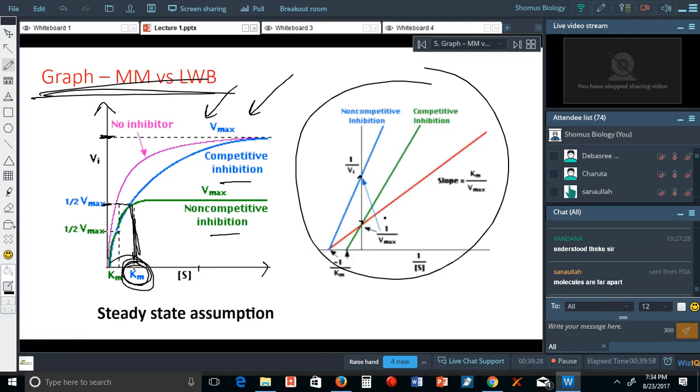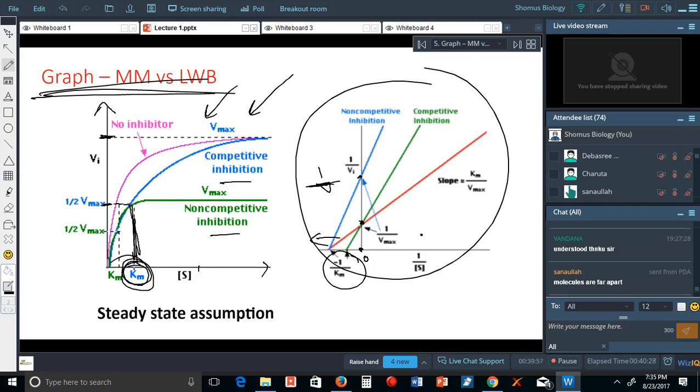For example, in this Lineweaver-Burk plot, the portion where it intersects the y-axis is 1 by Vmax, the inverse of the velocity. Where it intersects the x-axis is minus 1 by Km, on the left-hand side of zero, and plus 1 by Km on the right-hand side.